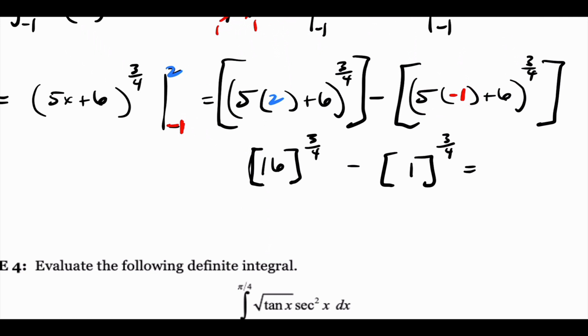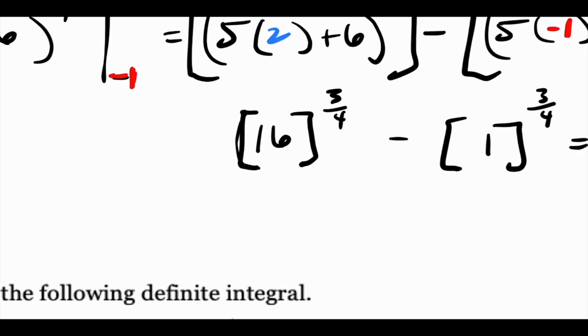What does 3/4 power mean? What in the world does that mean? The number cubed first and then taking the fourth root. There you go, exactly. Top means power, third power. Bottom means root. So it doesn't matter which one you do first. You can cube it and then take the 4th root, or you can take the 4th root and then cube it.